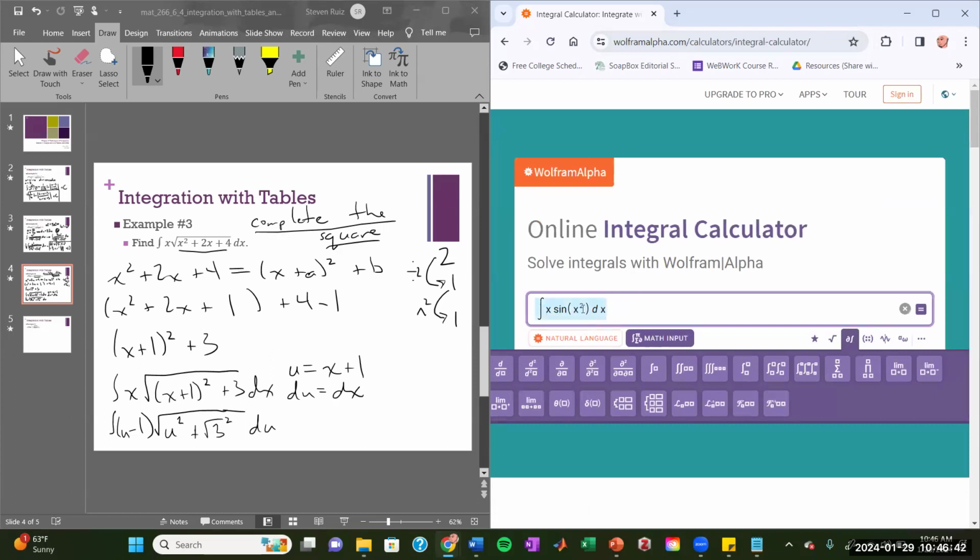Sometimes the tables are not getting it done, so you can use these as well. Wolfram Alpha has a lot of these online calculators. Has anyone ever used anything by Wolfram Alpha before? A couple of you. So they're also really good to, even if I ask you to do an integral by hand, check yourself after you're done.